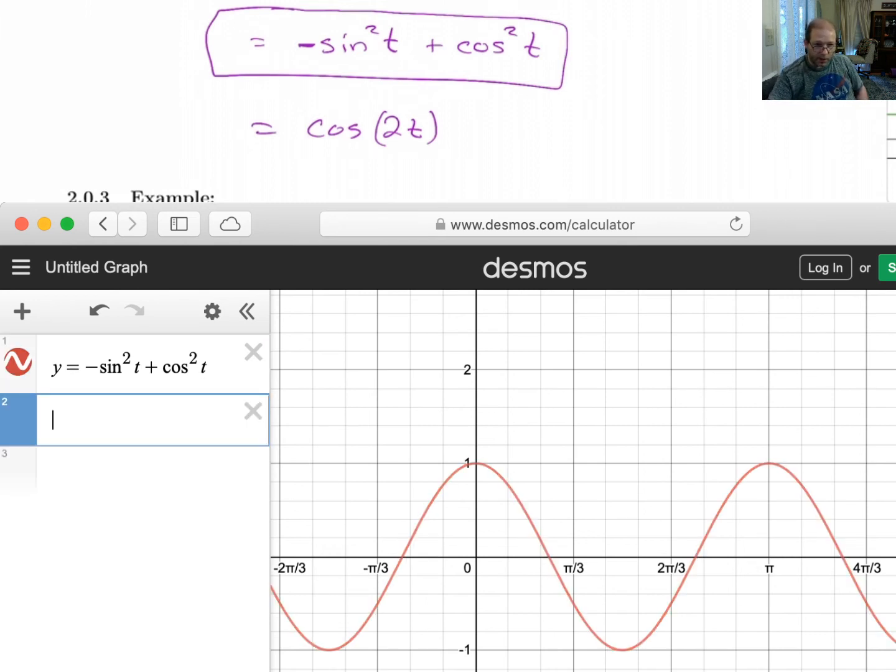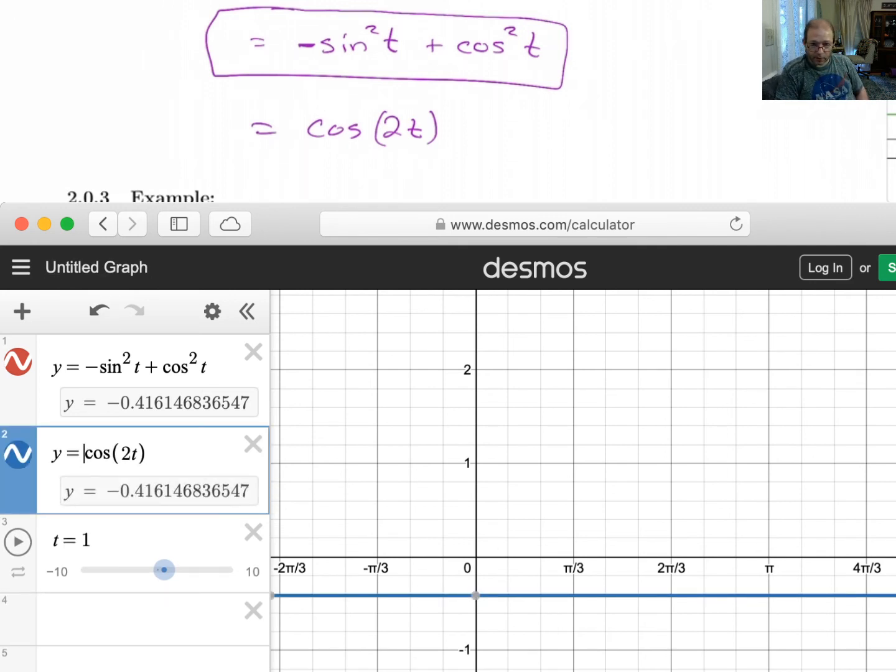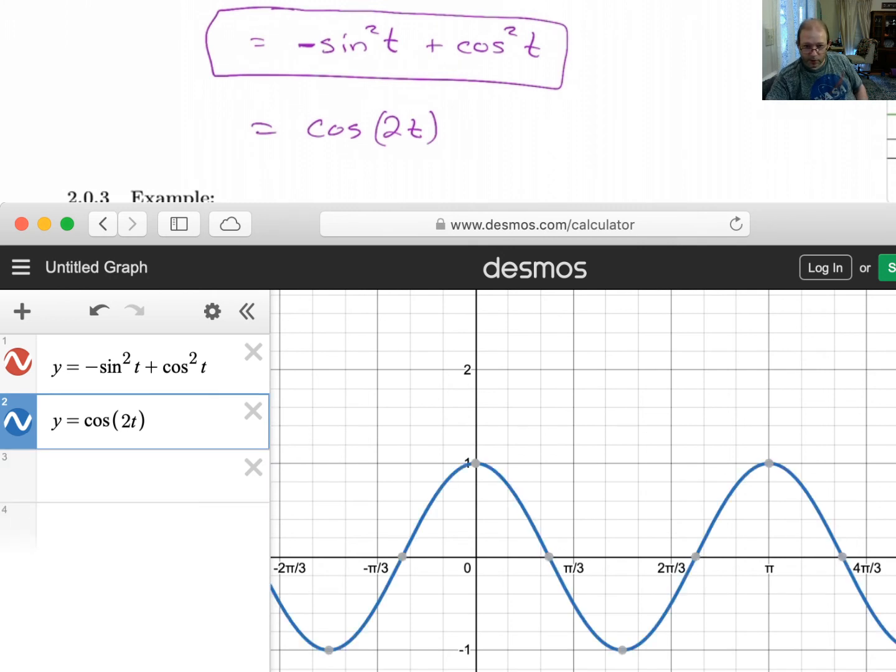And if I graph cosine of 2t, it wants a y equal there. There we go. So these two functions have the same graph, so they are equal to each other.